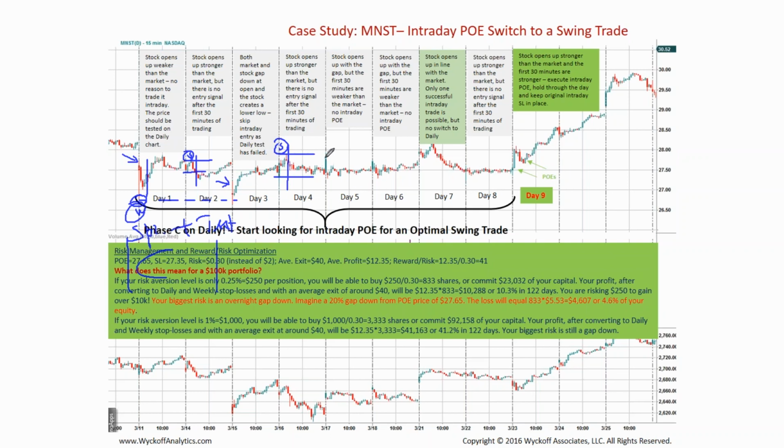Next day, we are gapping up and coming down really fast, while the market gaps up and doesn't go down that fast. So we are weaker here, and therefore we don't want to participate. Next day, again, we're gapping up but quickly going down, whereas the market is holding the gap. So again, we are weaker and we don't want to participate.